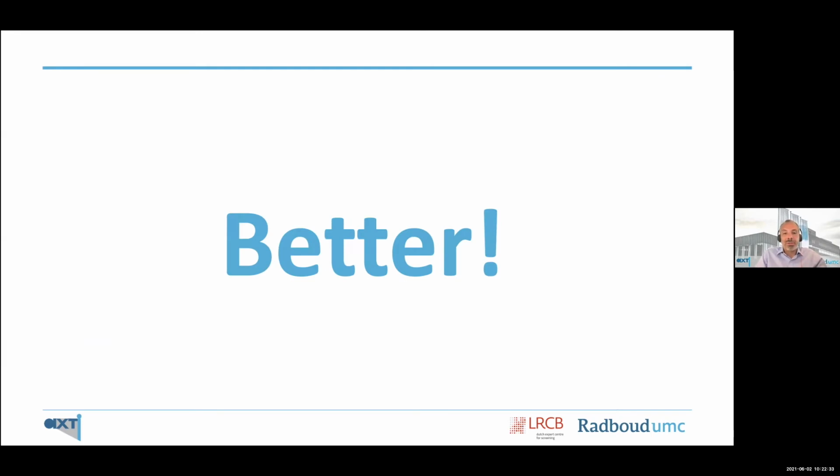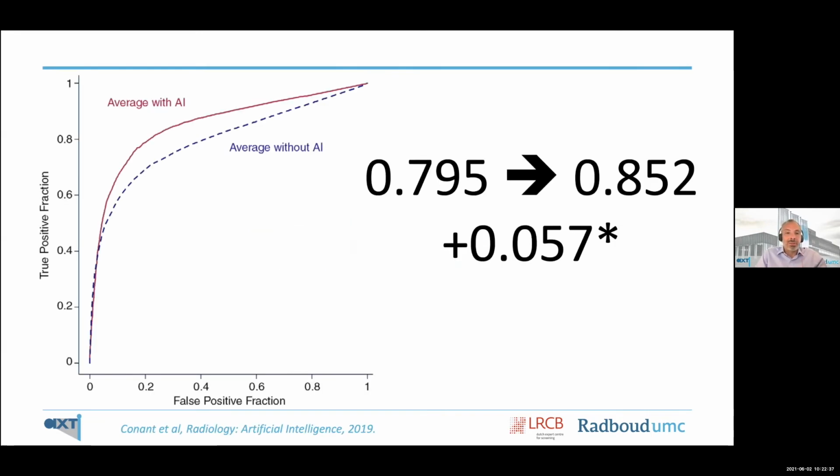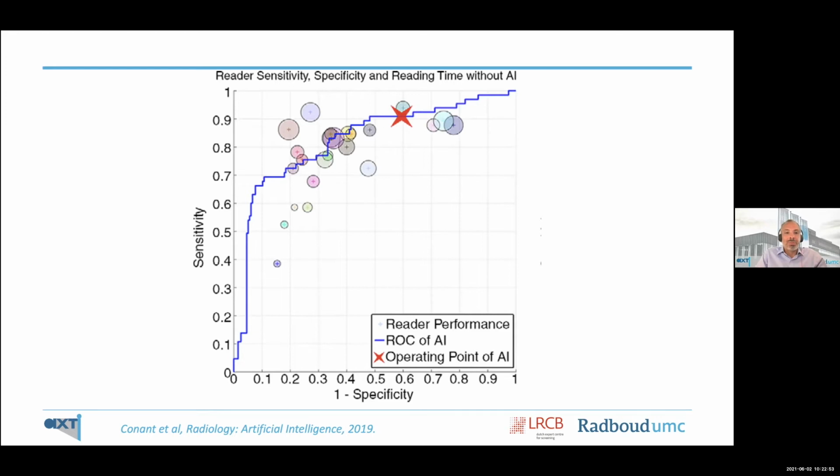Of course, we don't only want to do faster, we want to do better. And this also appears to be the case. Same study, DBT plus AI, and Dr. Conant showed a slight but significant improvement in the area under the curve. So that's also encouraging. If you look at the per reader performance, these are the discs of each individual reader without the AI.